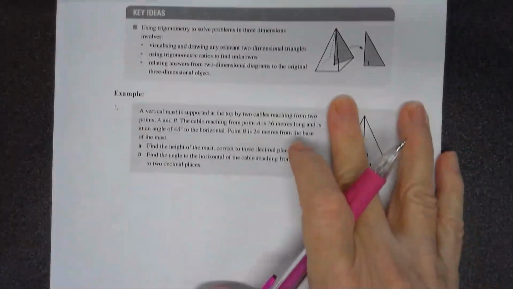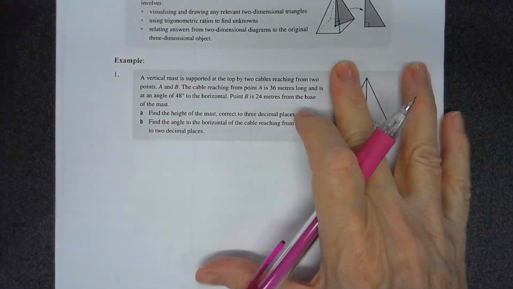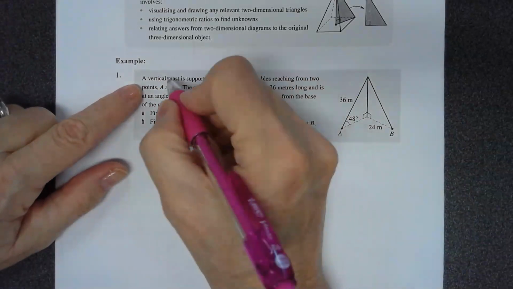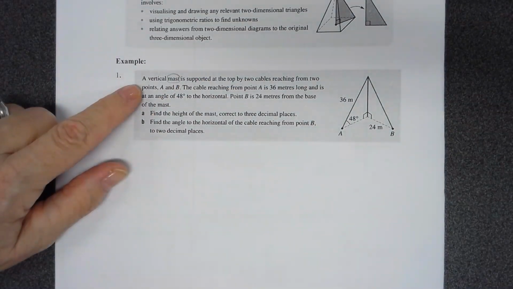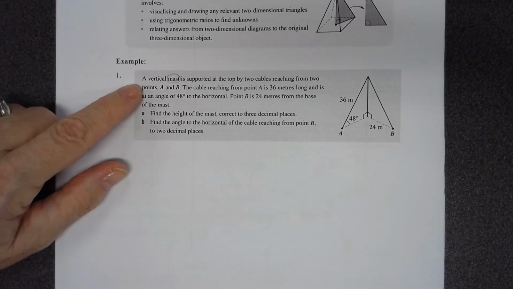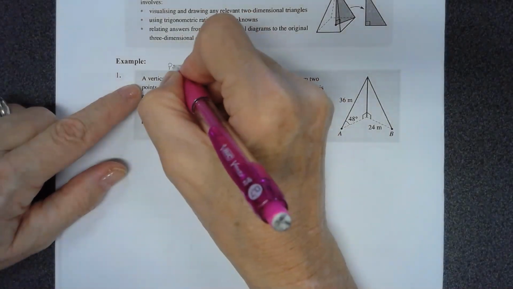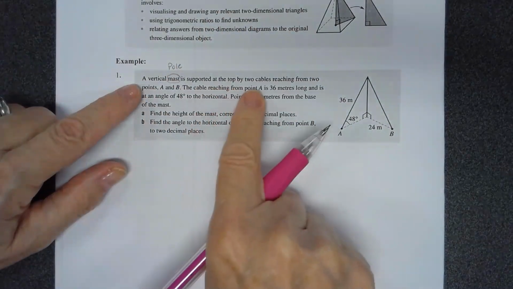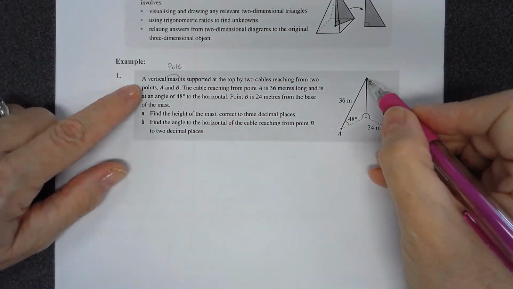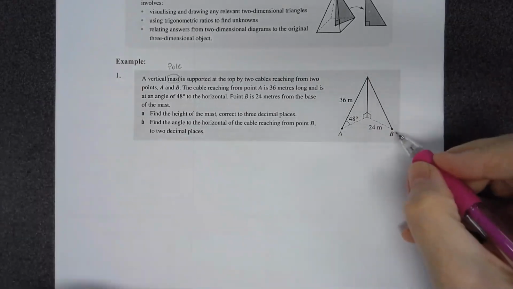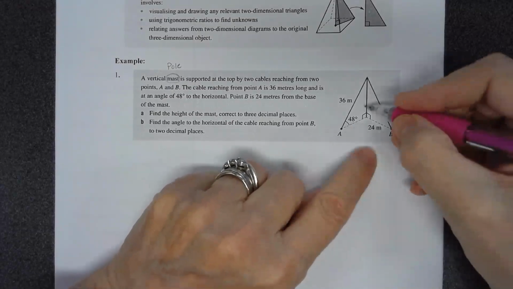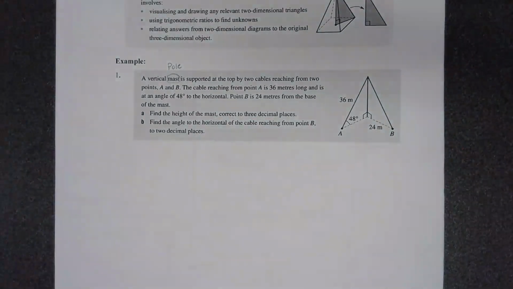Okay, so let's look at this one. This is a real common one. A vertical mast, what's that? Like the mast of a ship, right? So a pole is supported at the top by 2 cables reaching from 2 points A and B. So these are staked into the ground, and that's the tower, and the cables are helping to stabilize it, right?